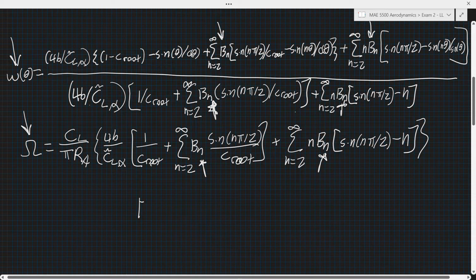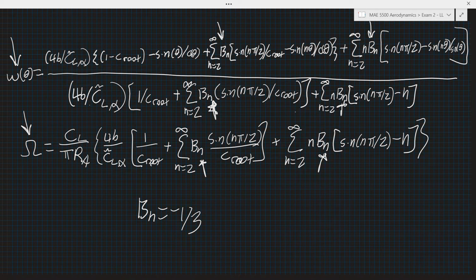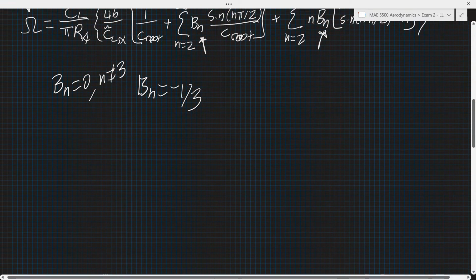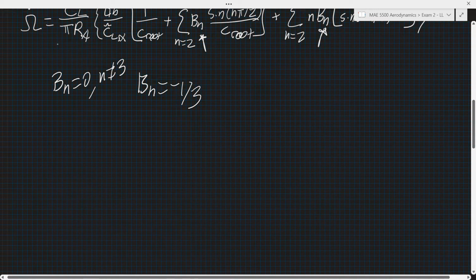That's where B sub 3 is equal to -1/3. What if we took that lift distribution and applied it to these? If you assume that B sub n is 0 for n not equal to 3, and B sub 3 is -1/3, you end up with the following.